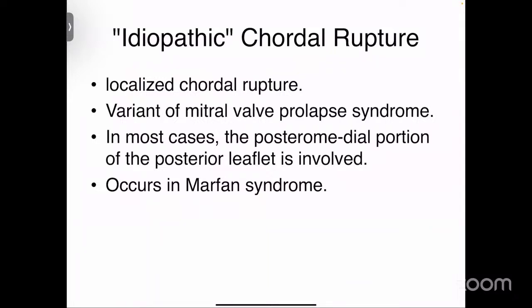It is usually a variant of the mitral valve prolapse syndrome, in which a considerable portion of the leaflet tissue is uninvolved by this process, and in most cases the posteromedial portion of the posterior leaflet is involved. Such a condition can occur in patients with Marfan syndrome.